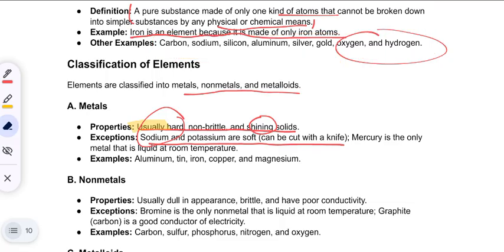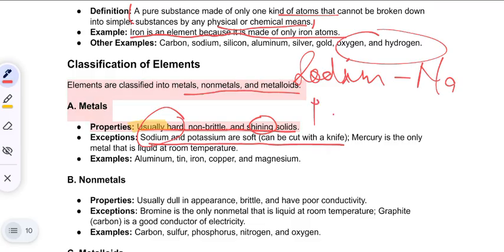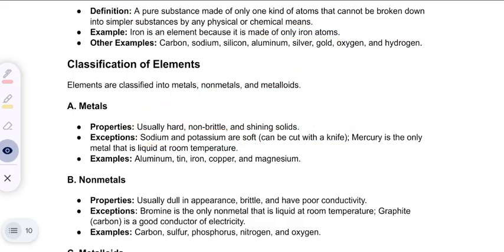Sodium, which is Na. And potassium, sorry, the spelling was wrong. Potassium.